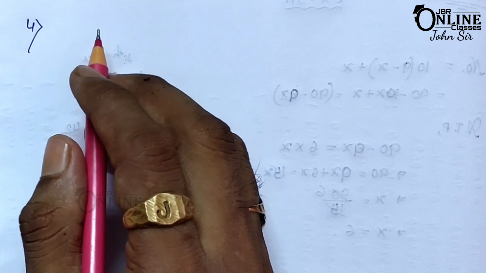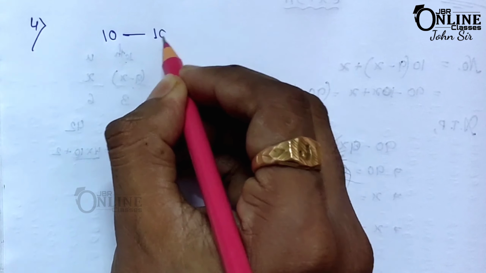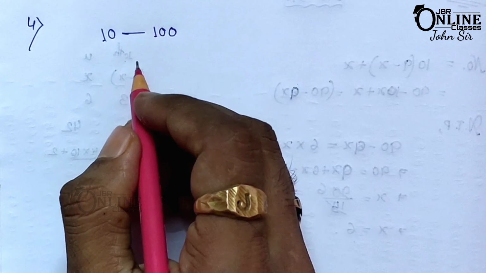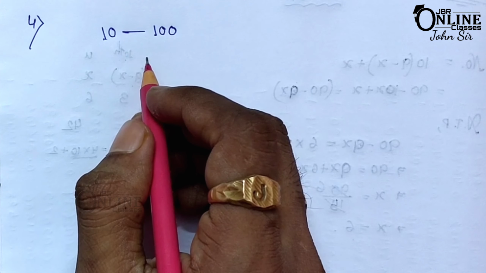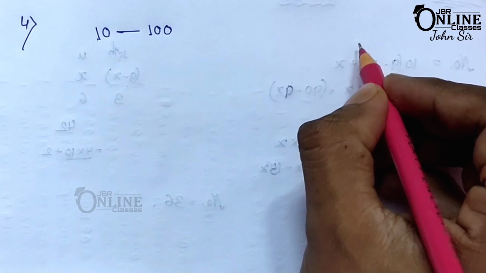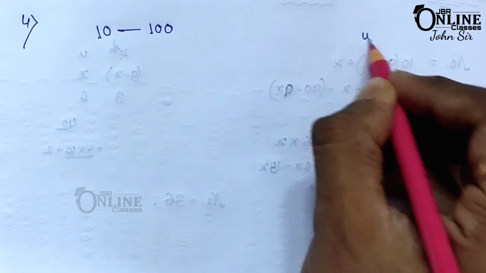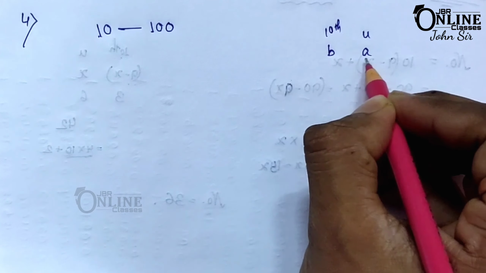The fourth one, a certain number between 10 to 100. Okay, so in between 10 to 100, that means here the number is a 2-digit number. Okay, and it's 8 times the sum of its digit. Now I don't know the digit, so suppose here the unit digit and the 10th digit. 10th digit will be b and unit digit as a.